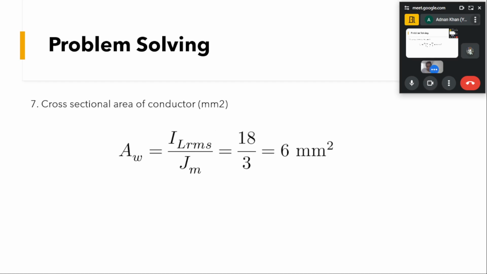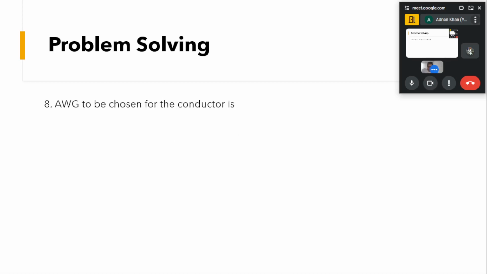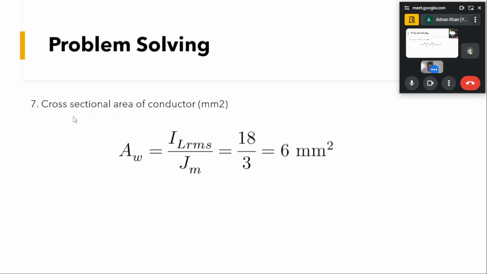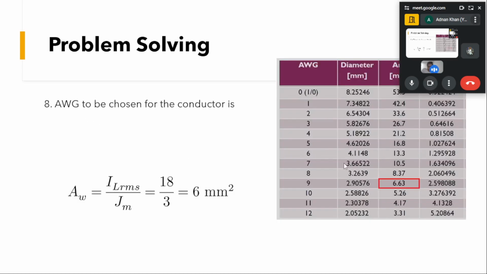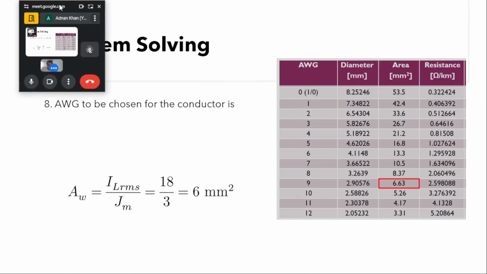We chose our particular core, and now we have to choose the wire itself. We have to see which AWG to choose. We require a wire area of 6 mm square, and now we have to see which AWG suffices our need. As I told you, the higher the value of the AWG, the smaller its wire area and the higher the resistance per unit length.